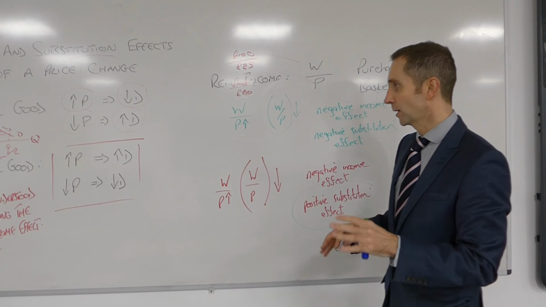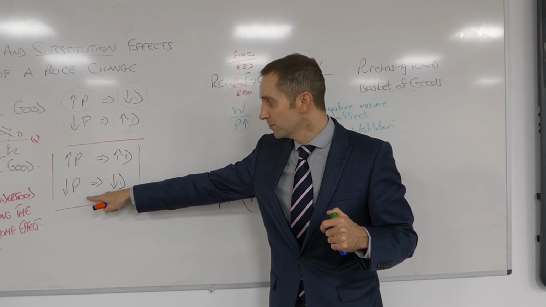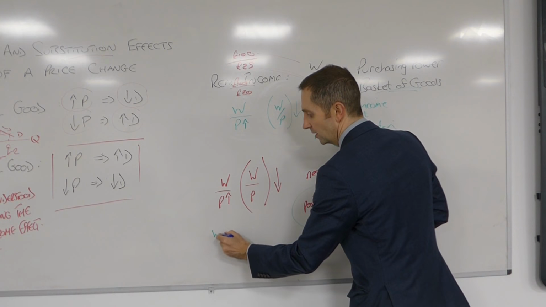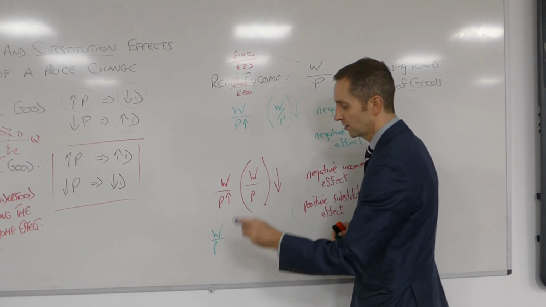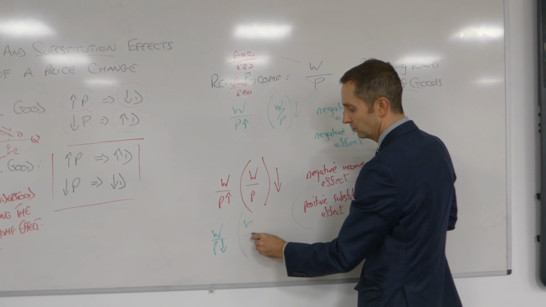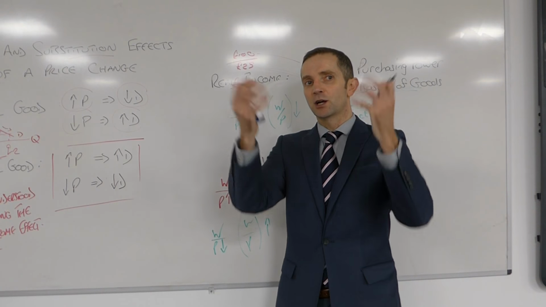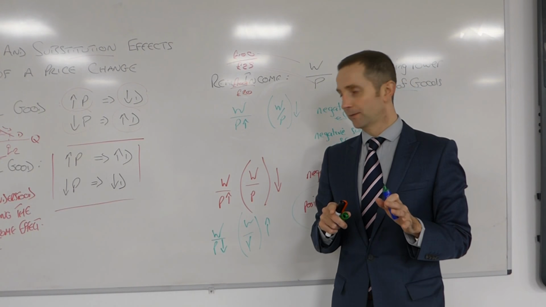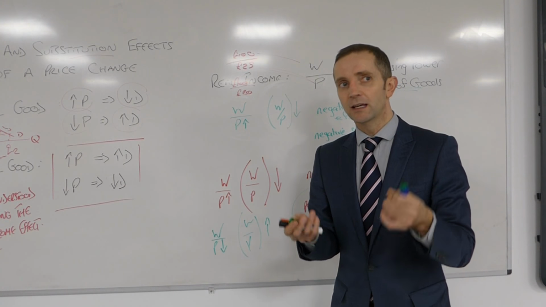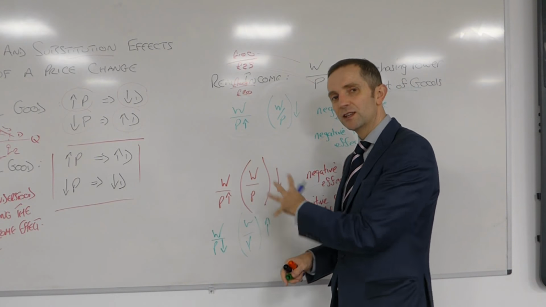And very quickly I'll just explain the reverse of that. So we've said here that a fall in price leads to a fall in demand. Well, think about what happens again here in terms of your real wage. So that's fallen. So obviously your real wage has gone up. So you've got a very positive income effect there. However, now, because you're relatively more wealthy, you will substitute more expensive goods in the place of this inferior one.